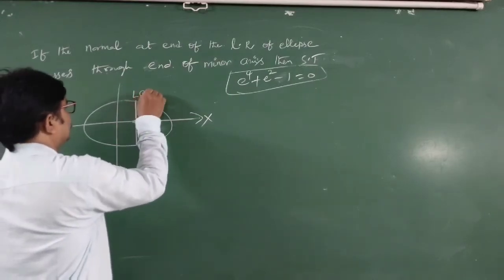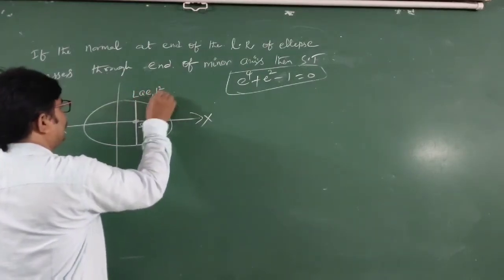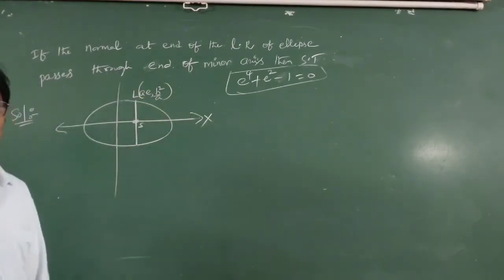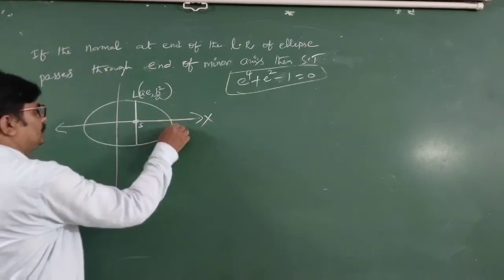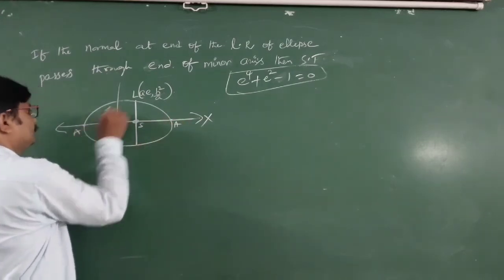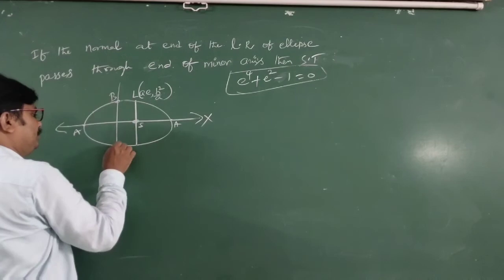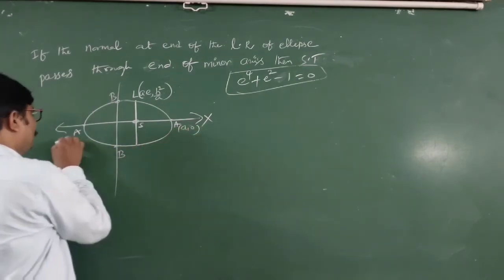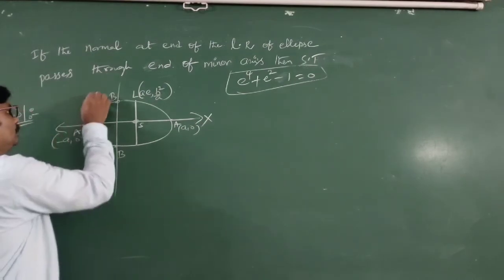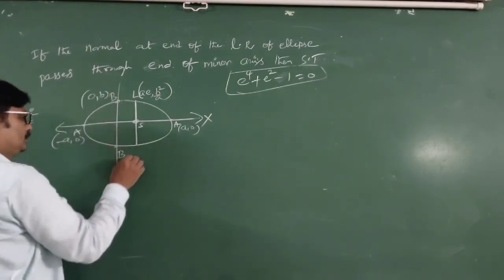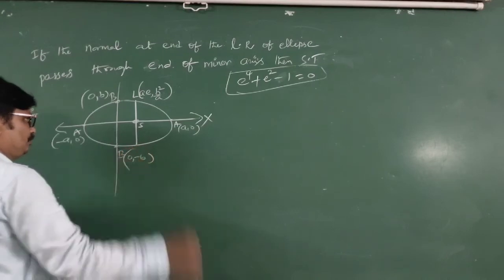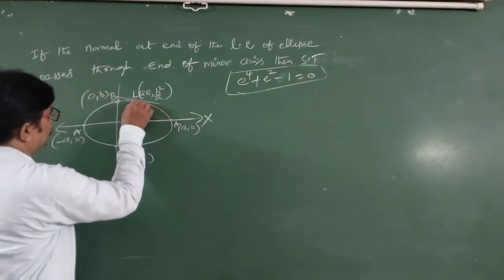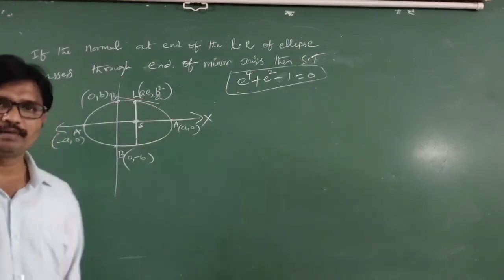One end of the latus rectum is (ae, b square by a), and the other is (ae, minus b square by a). These are the vertices, so this is B and B dash: (a, 0), (minus a, 0), (0, b), and (0, minus b). Now this is the tangent, and now we find the normal.